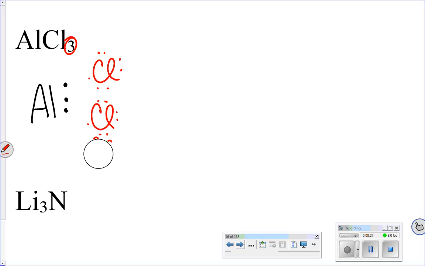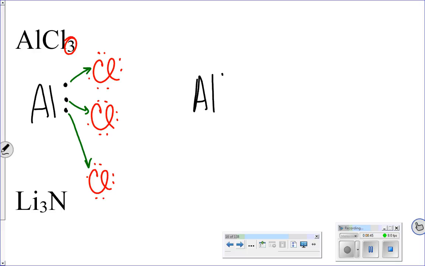A little too close together. So what's happening here, we have one of these guys going here, one here, and one here. So when I want to write this more simply, my aluminum loses those 3 valence electrons and has a +3 charge.